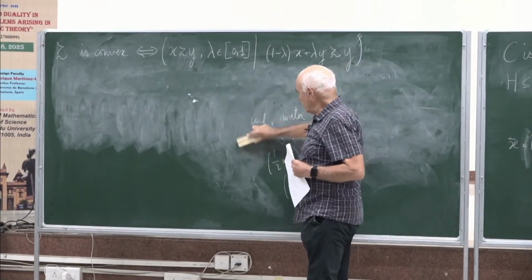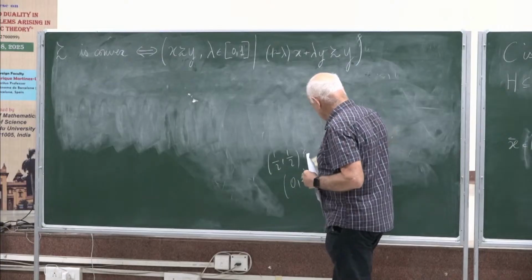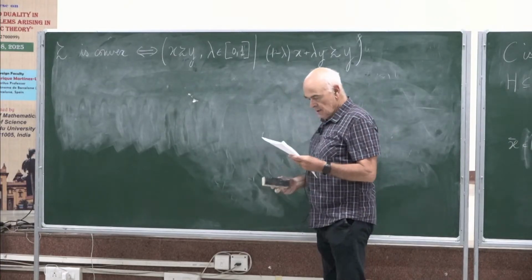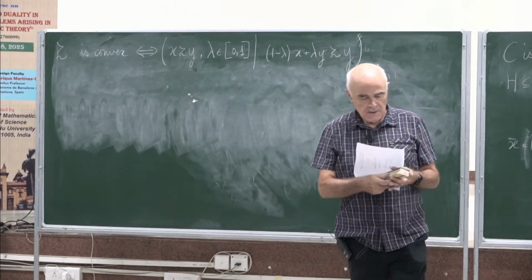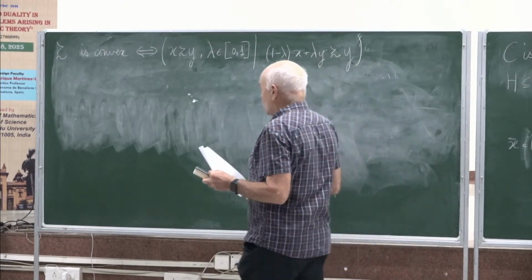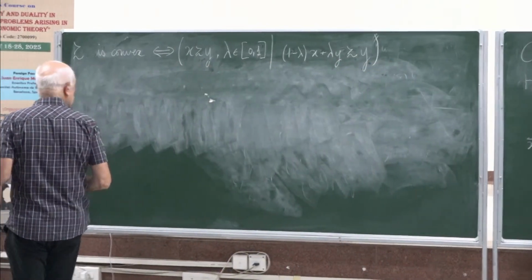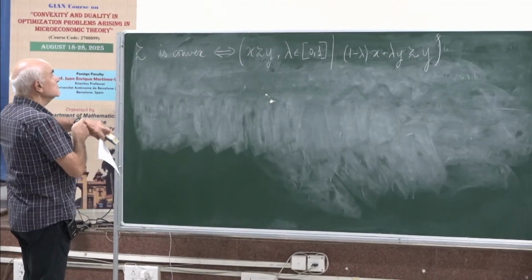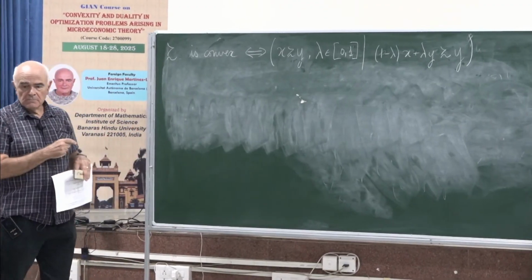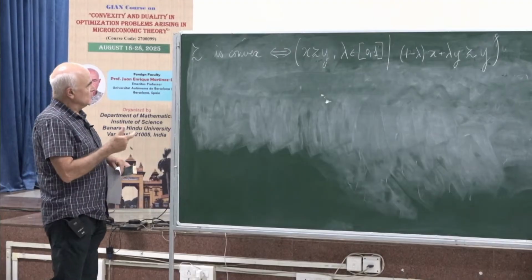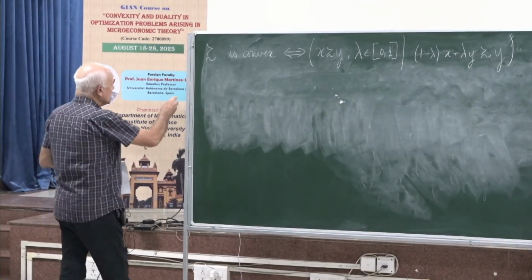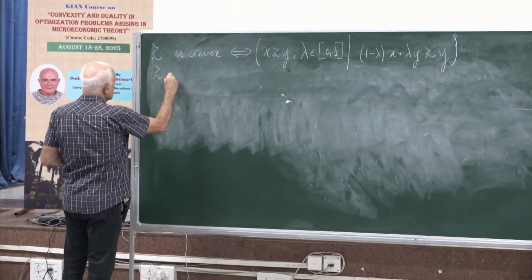So this is the definition of convexity for a total preorder on Rn. Oh, it is time, no? We started. Well, let me finish with the definition of strictly convex.